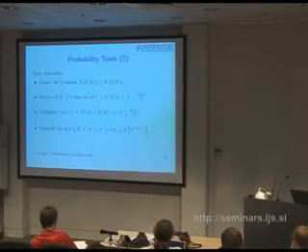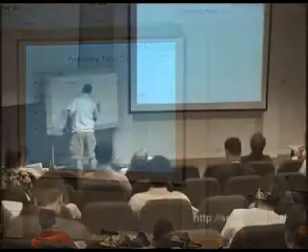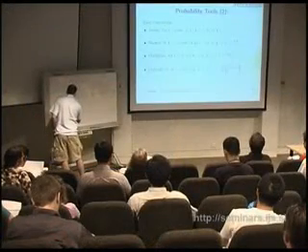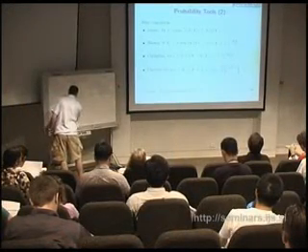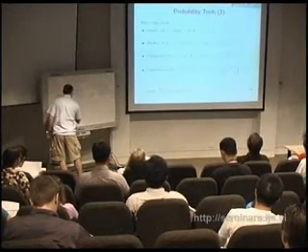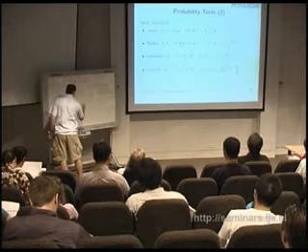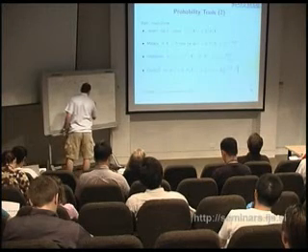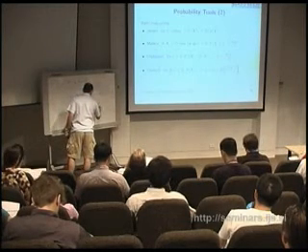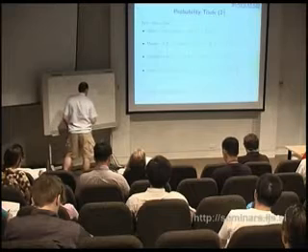You have to use the simple fact that the probability of an event is equal to the expected value of the indicator function of that event.